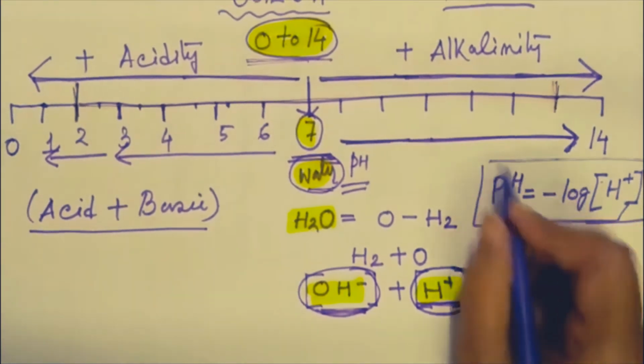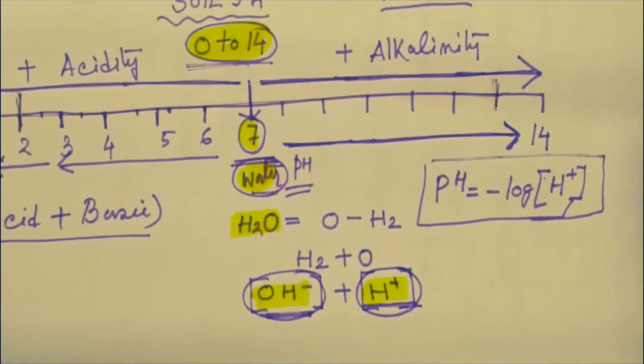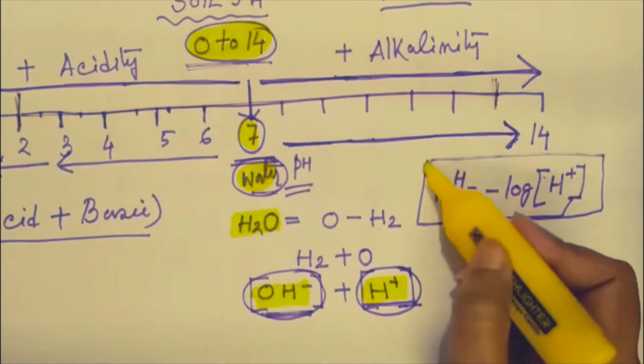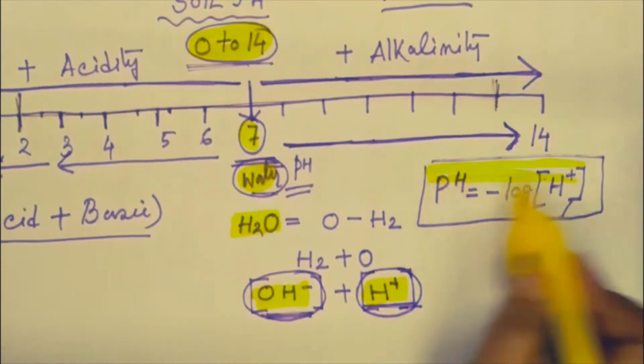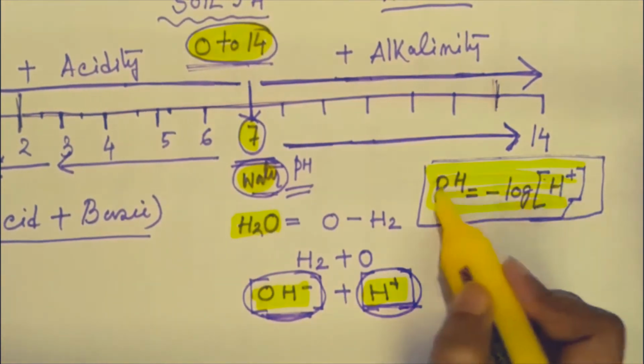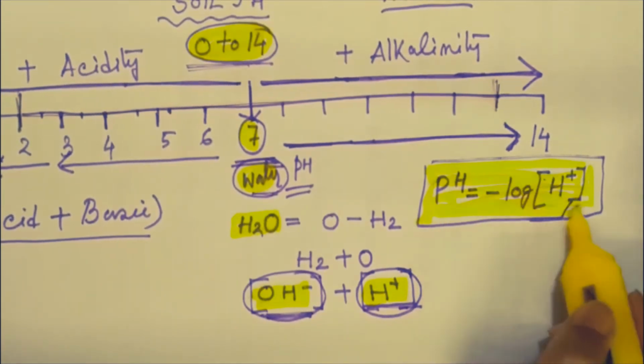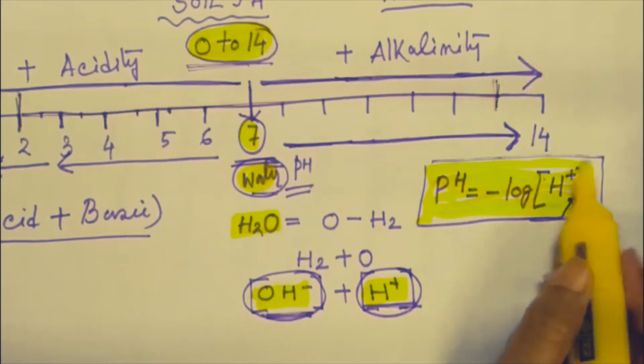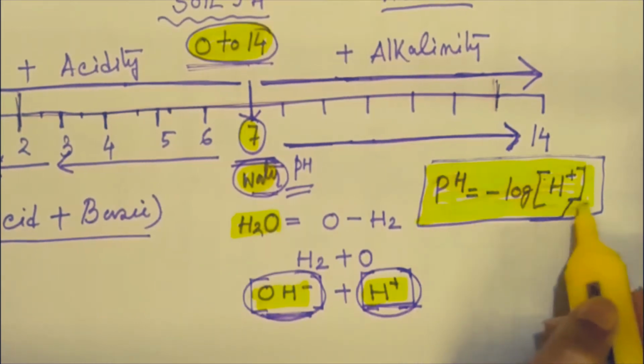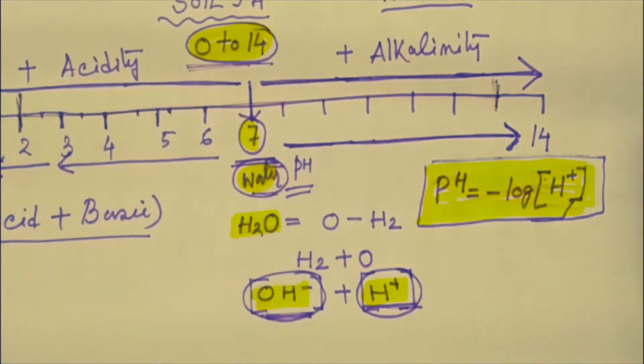This is the formula for the calculation of pH values. Now the question is, why for the calculation of pH or the identification of acidity and alkalinity do we select the hydrogen ion?